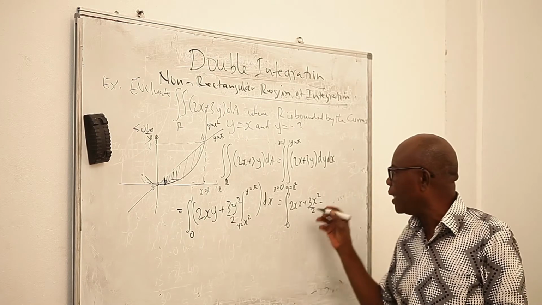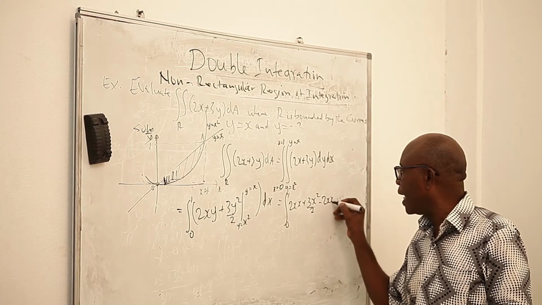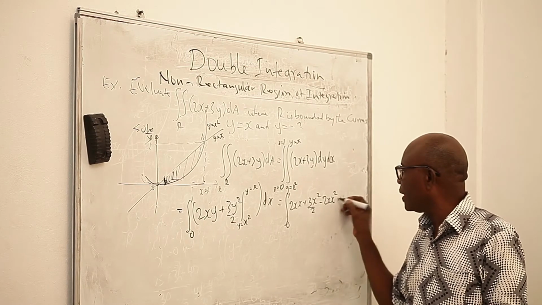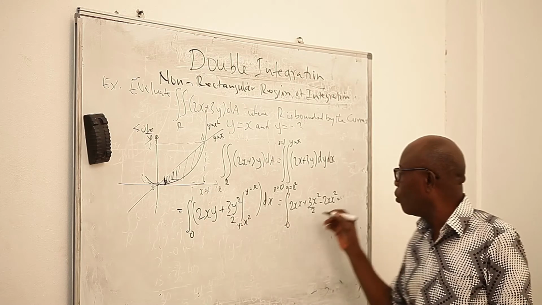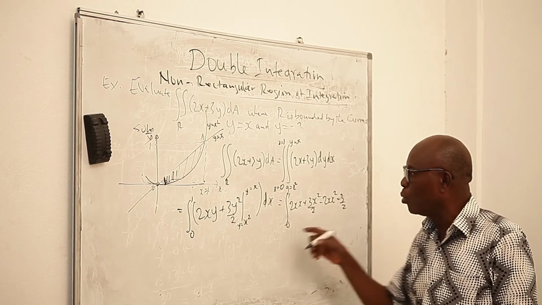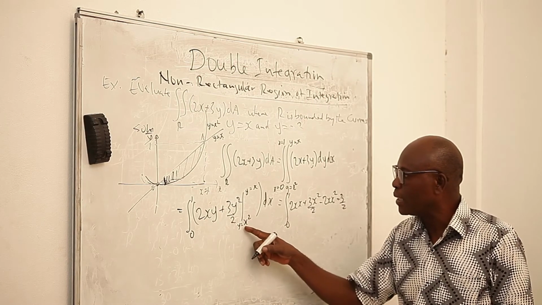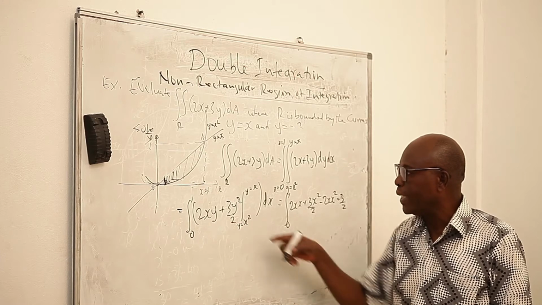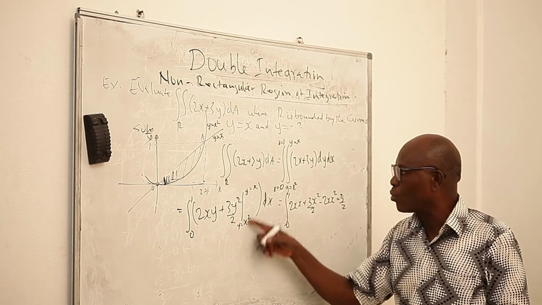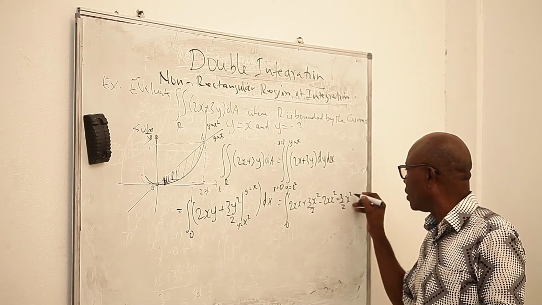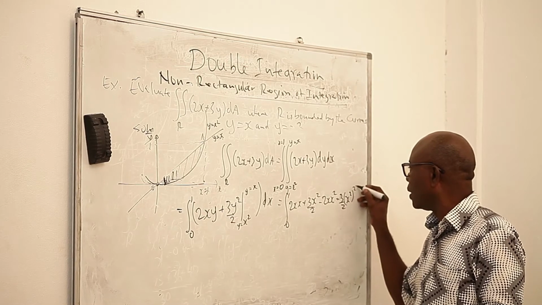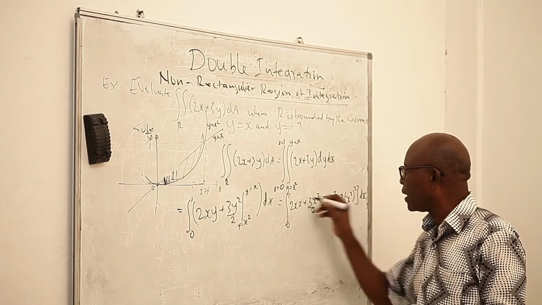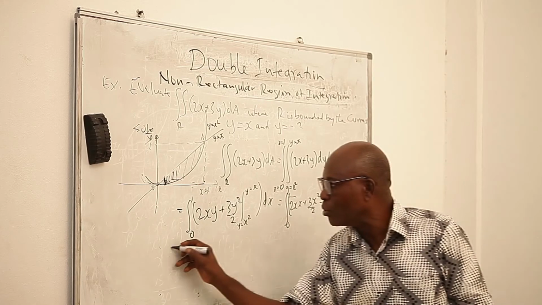So we're going to have minus 2x times x squared minus 3 over 2, y squared becomes x squared all squared, dx.